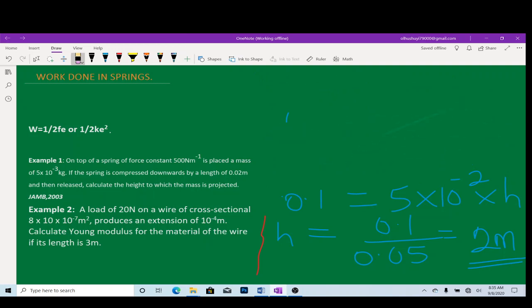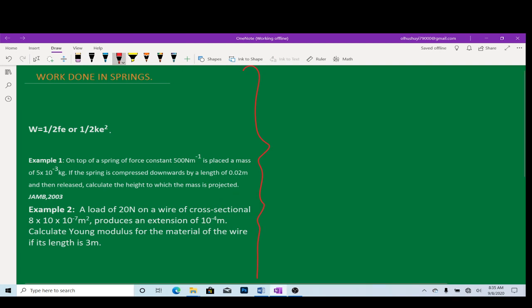We have the question stating that: a load of 20 newtons on a wire of cross-sectional area 8 times 10 raised to the power minus 7. Yeah, there's an error here, this is just times 10.